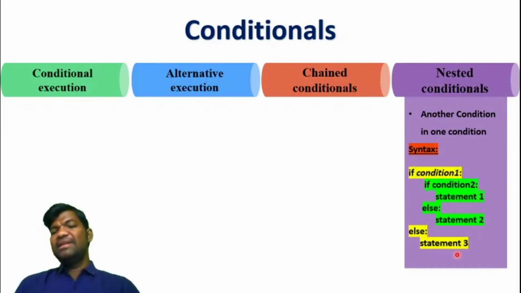Else statement 3 is executed. If condition 1 is true, condition 2 is checked. If this is true, statement 1 is executed. If condition 2 is false, statement 2 is executed. If condition 1 is false, statement 3 is executed.